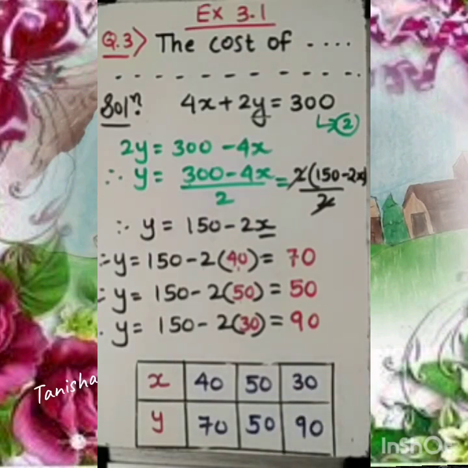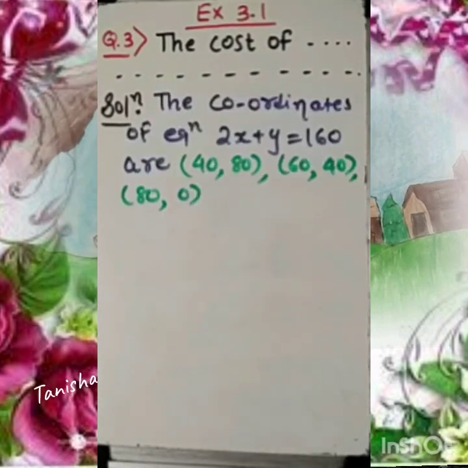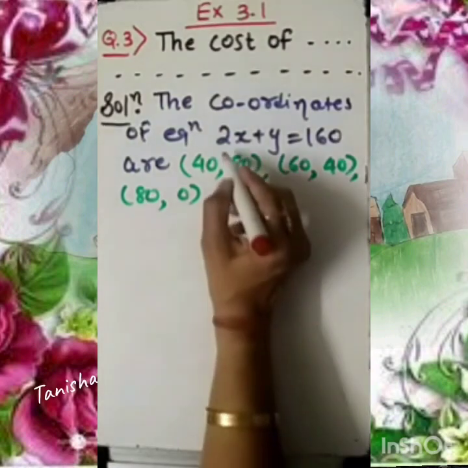Now we need to locate 2 points for both of these linear equations on the graph paper. So let's see how to do that. Through the table we are able to write the coordinates of equation 2x plus y equal to 160. This was our first equation.